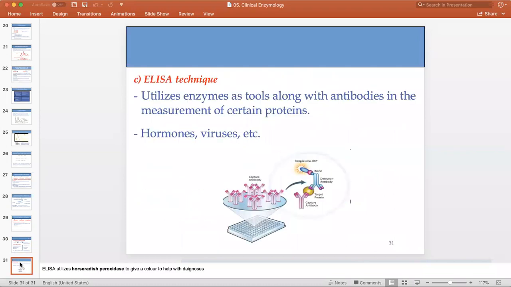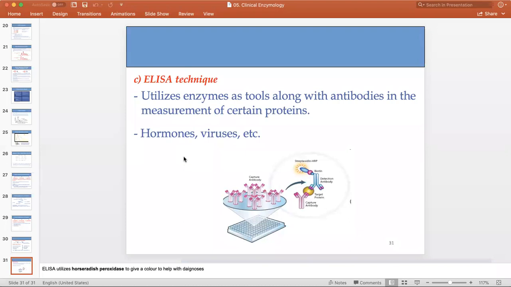And the last application is your ELISA technique. There are different ELISA techniques. We have the direct, indirect, sandwich method, and so on. So the main concept behind the ELISA technique is that to detect the specific antigen or to detect the antibody, we attach an enzyme to another antibody. And once this antibody is bound to the antigen, we add a substrate.